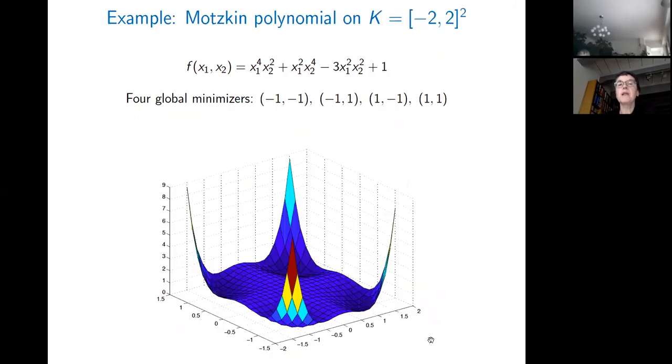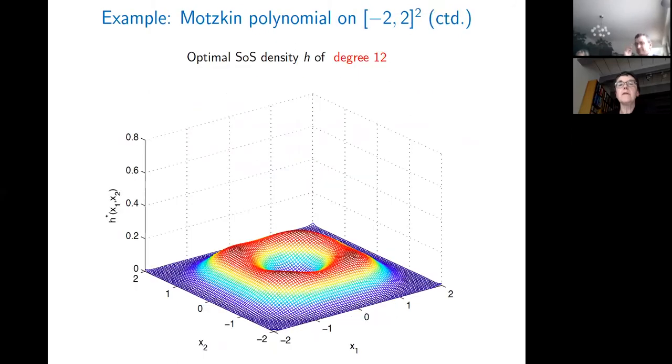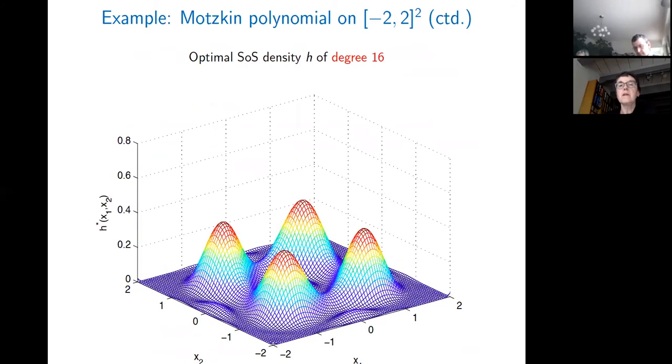So here is a simple example. We go back to the Motzkin polynomial, which we want to minimize over the box. There are 4 global minimizers. And here are the density functions that you get if you compute these bounds, the optimal density function of degree 12 and of degree 16.